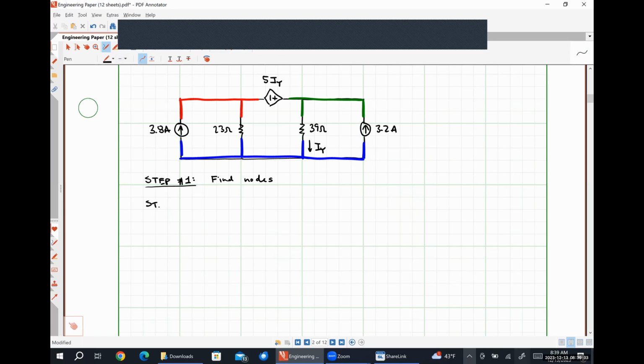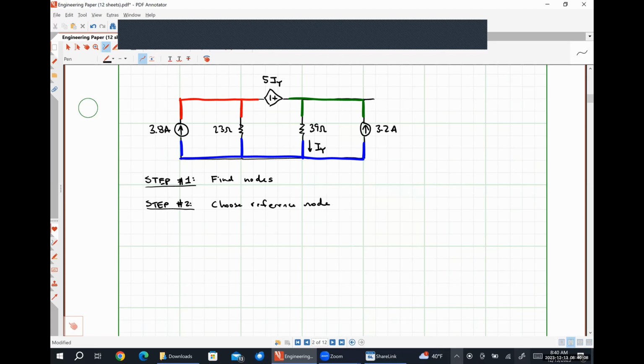Now, I have some strong thoughts about where we should apply ground or our reference node when there are voltage sources present, but I'll talk to you guys about that after we work this problem. For now, let's just leave it up in the air. So we need to choose our reference node. Somebody tell me which node is going to be our reference. Camden, how about you? The green node, okay.